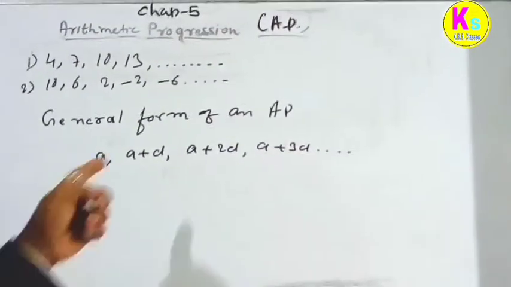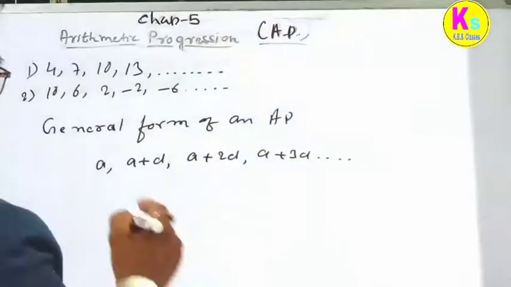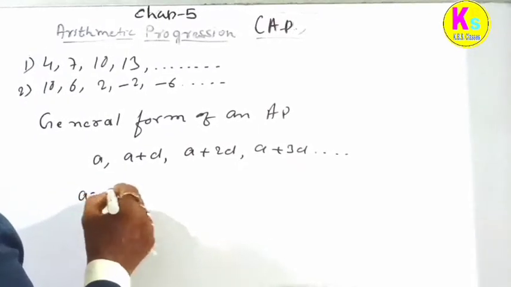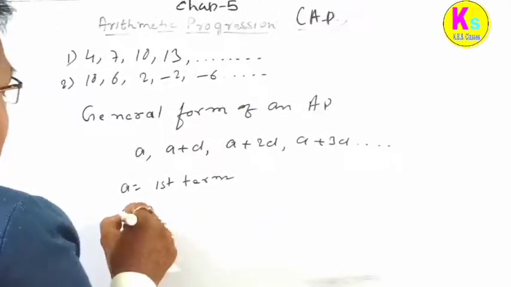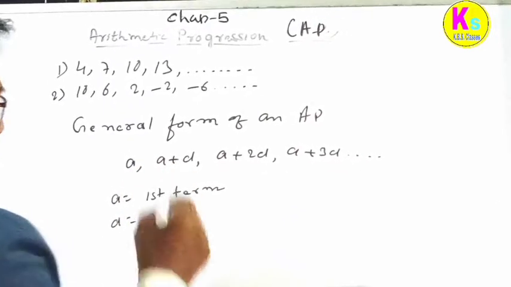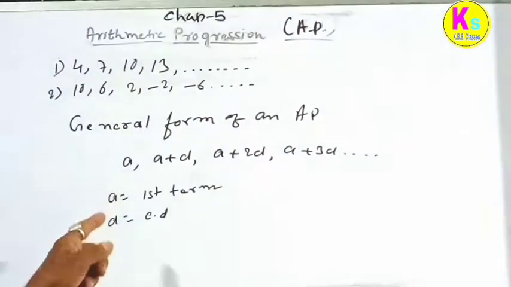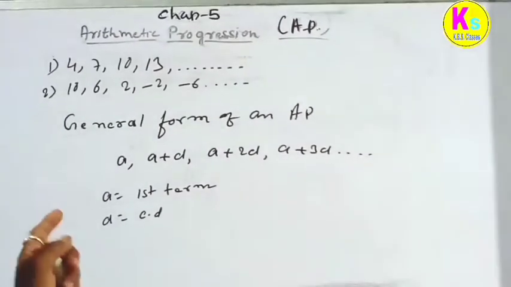What is this a and what is this d? a means first term, and d means common difference. Okay? a means first term and d means common difference.